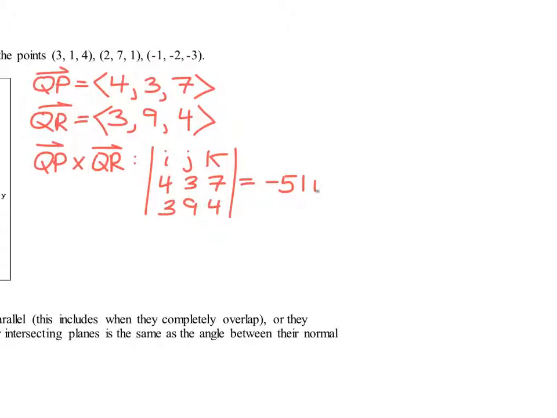So negative 51i. Then for the j's, we're talking 16 minus 21, so that'd be negative 5, but it's already negative, so plus 5. And then for the k, 36 minus 9, which would be 27, so plus 27k.